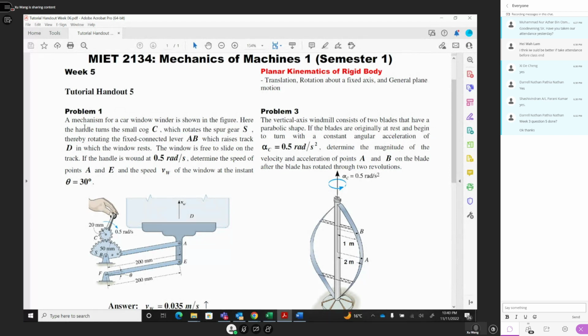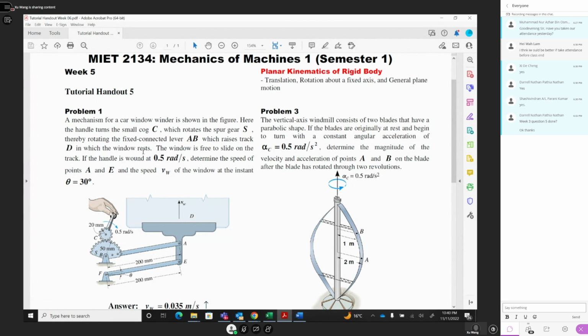Here the handle turns the small gear C, which rotates the spur gear S. So you move this one, the spur gear goes anti-clockwise and pushes A up. Then it drives the lever AB anti-clockwise, which raises the chuck D. So this chuck is raised up.